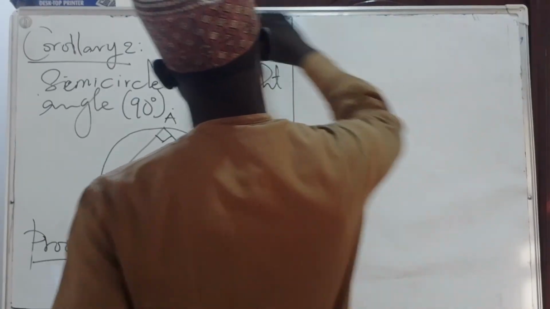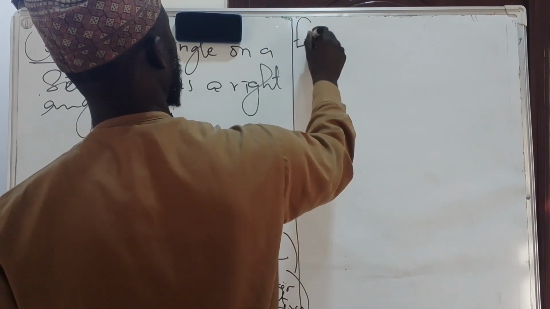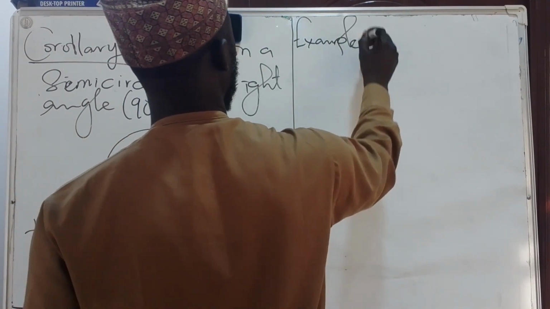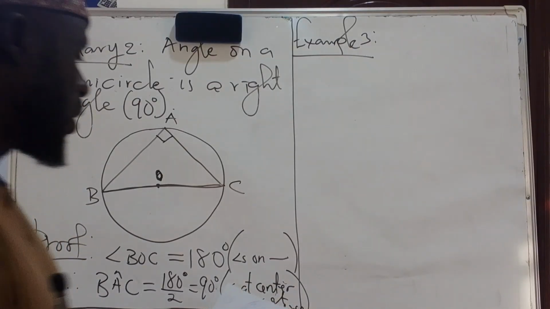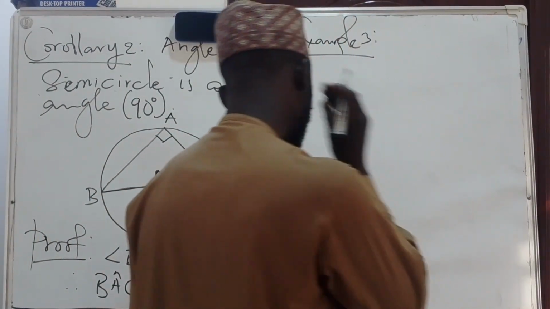So we have an example. Example 3, because we are naming the theorems and examples correctly.